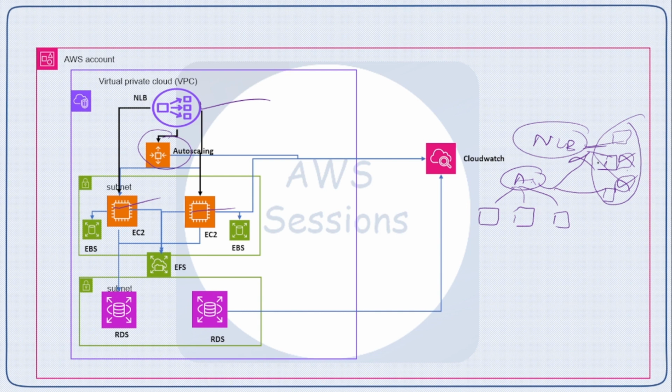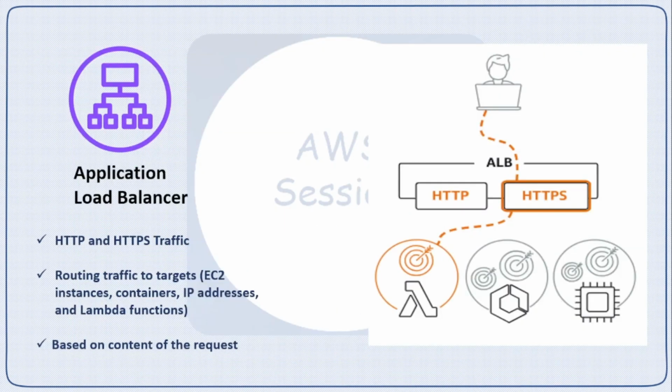That is the combination of NLB and auto scaling. We can define the desired, maximum, or minimum capacity, and if some instance goes down or becomes unhealthy, it will create a new one. So that is the benefit with NLB and auto scaling.